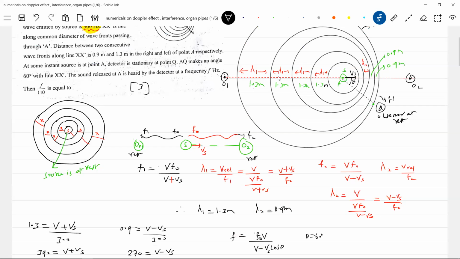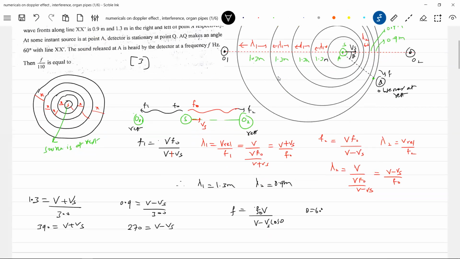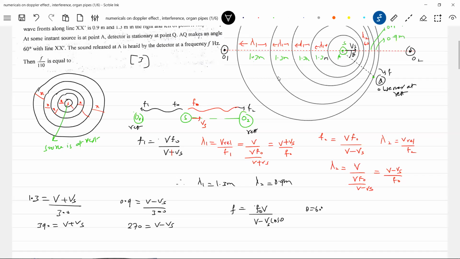Is that okay now? Yes, sir. F equal to F naught V by V minus Vs cos theta. F by 110 is what is asked. Okay, all the symbols are correct, no? F naught, F naught. Yeah, fine.